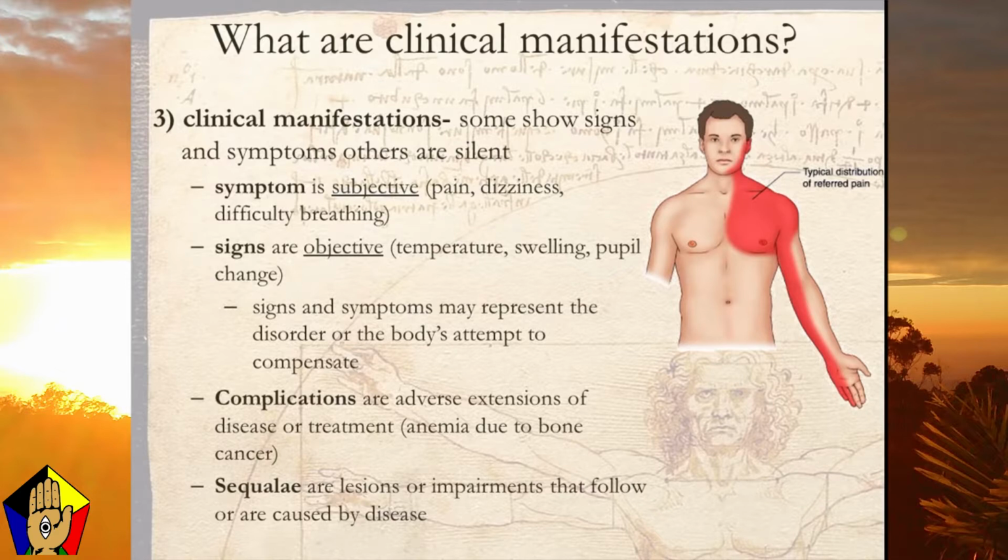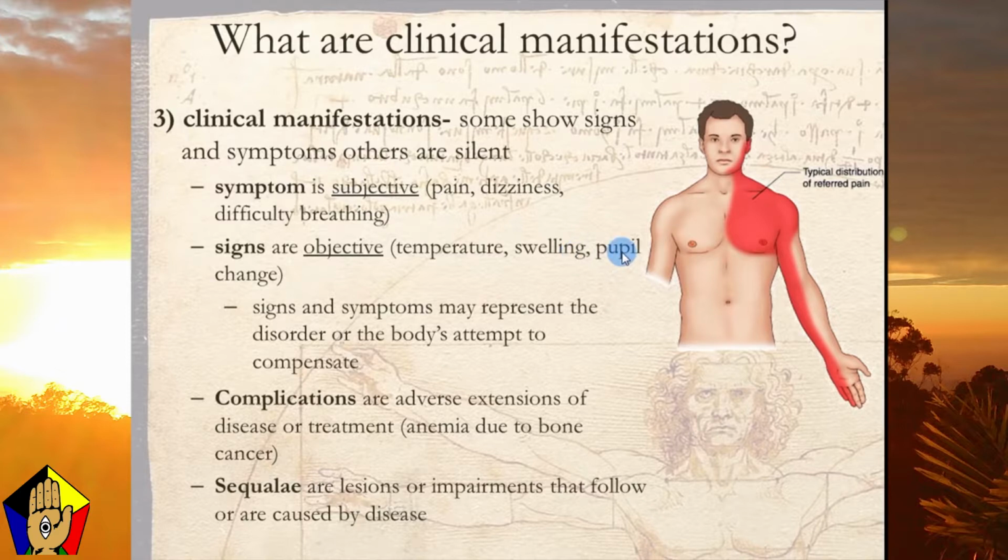So with symptoms, you usually want to rely on the signs, and the symptoms are just extra information to help lead you towards a conclusion. The signs are things you can measure. Temperature. Stick a thermometer in their butt. Ta-da! Temperature's taken. Swelling. If you look at the right hand versus the left hand, you can definitely see if they're swelling, right? If you look at their pupil changes, shine a light in their eye, you can see the change in the pupils.